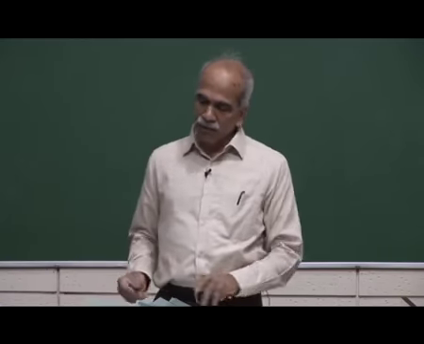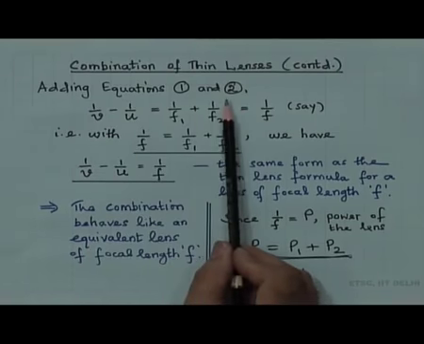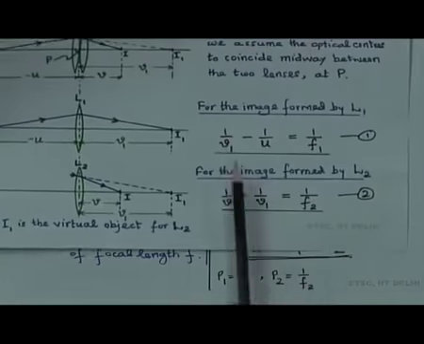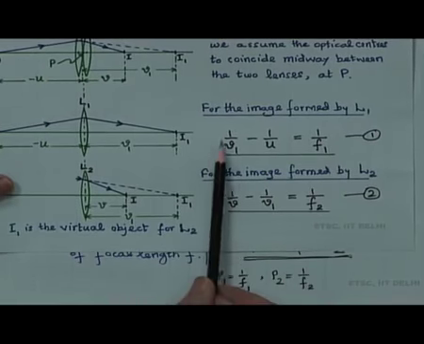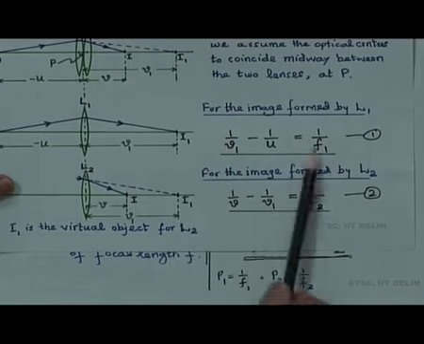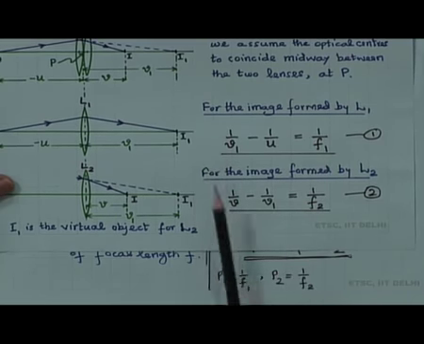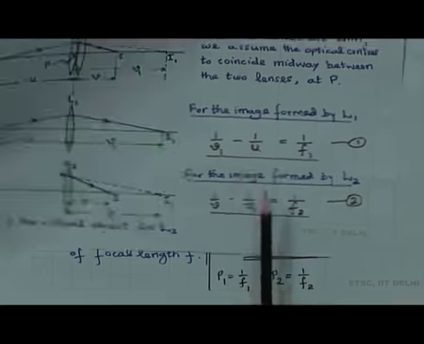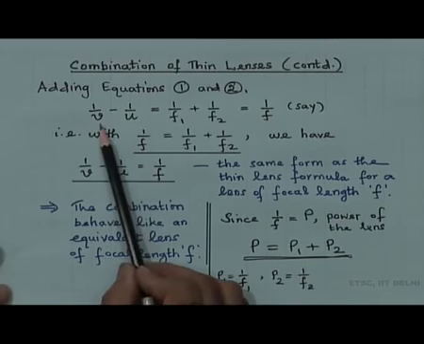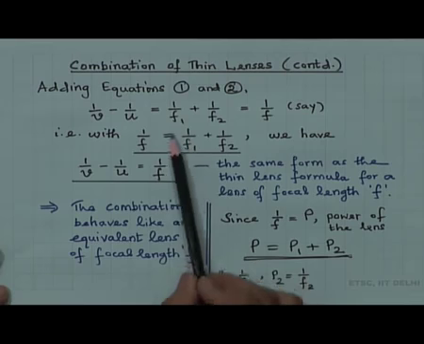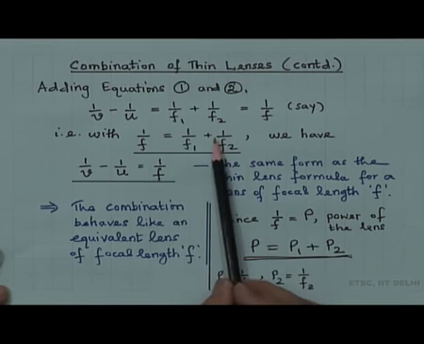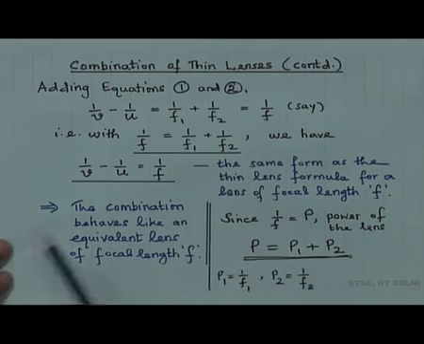For the combination of thin lenses, we add equations 1 and 2. We can see that 1 by V1 cancels, and on the right hand side we have 1 by f1 plus 1 by f2, and we are left with 1 by V minus 1 by u. So 1 by V minus 1 by u is equal to 1 by f1 plus 1 by f2, which is equal to 1 by f.